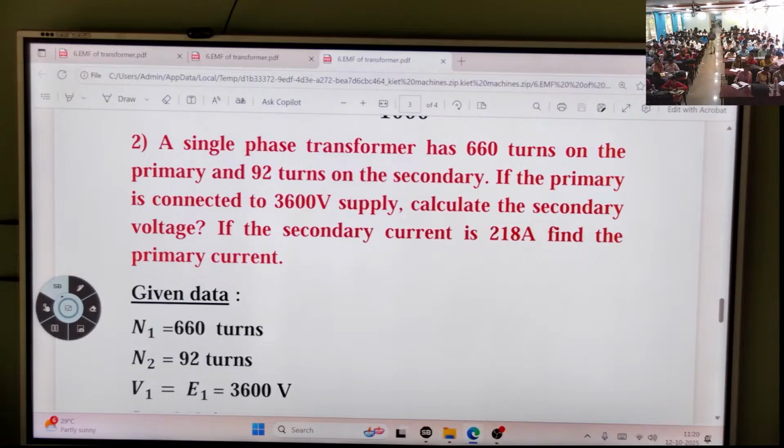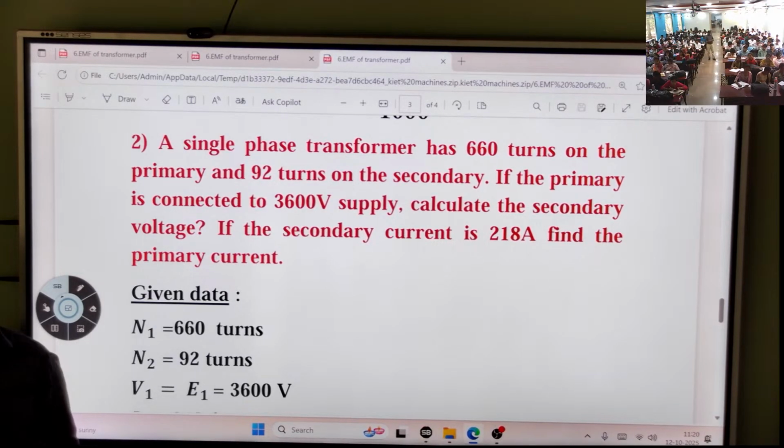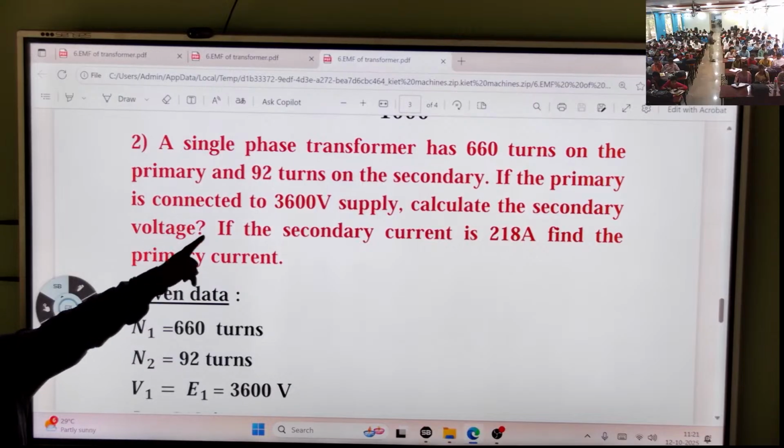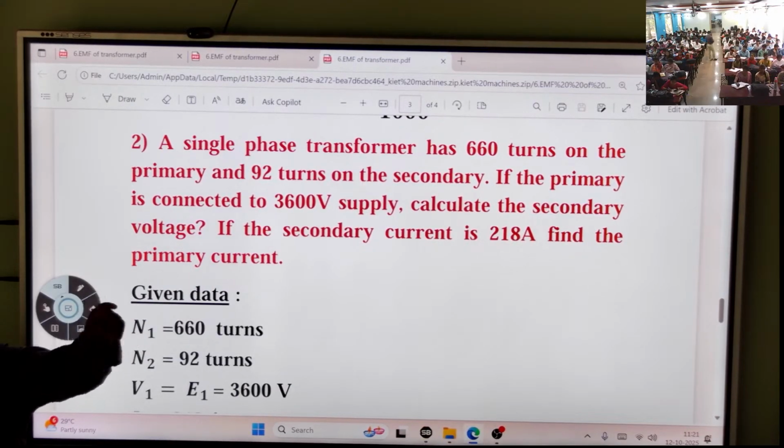Write down the given data. The single phase transformer has 660 turns on the primary, that is N1 is equal to 660. 92 turns in the secondary, N2 is equal to 92.